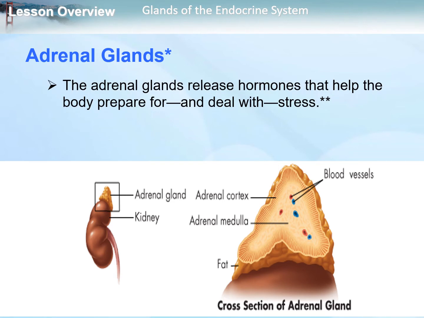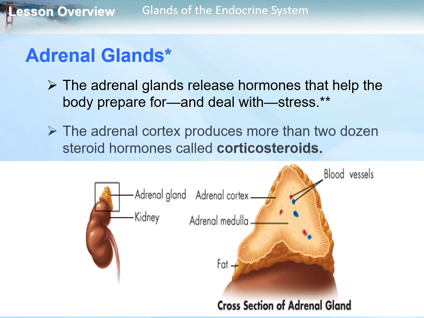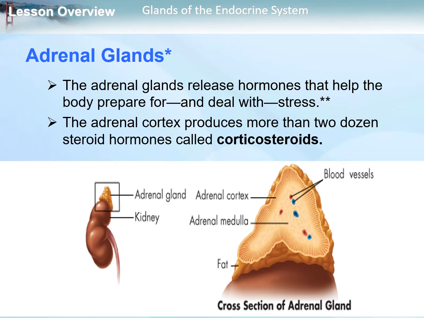The adrenal glands release hormones that help the body prepare for and deal with stress. The outer portion of the adrenal gland is called the adrenal cortex, and the inner part is the adrenal medulla. The adrenal cortex produces more than two dozen steroid hormones called the corticosteroids.